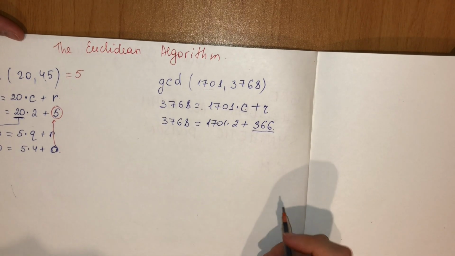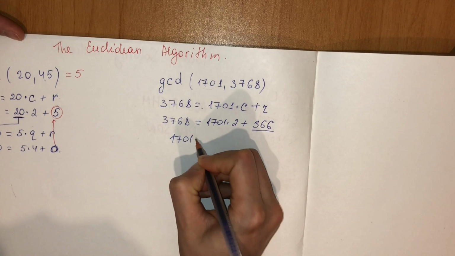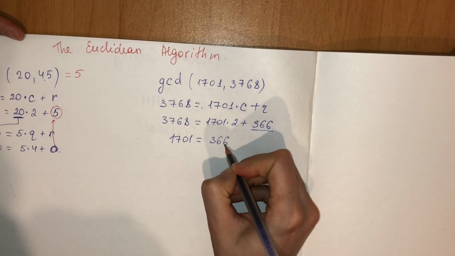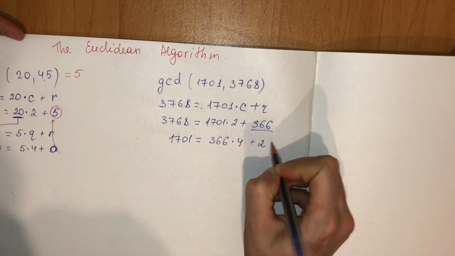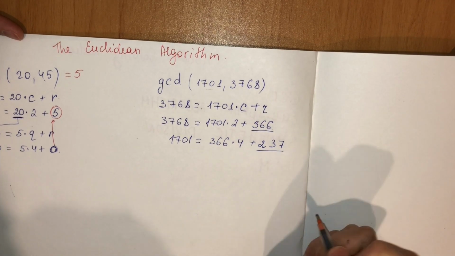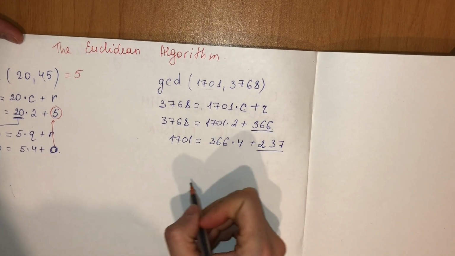Let's continue. 1,701 is equal to 366 times 4 plus 237. The remainder is not equal to 0 again. It means that we should continue this process.